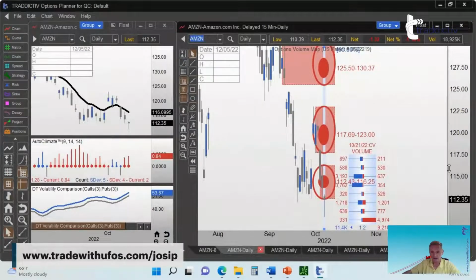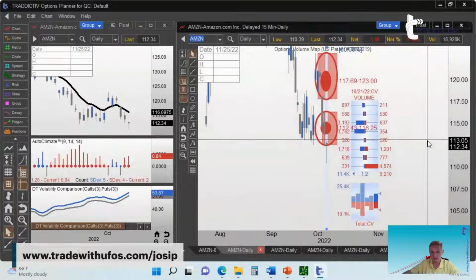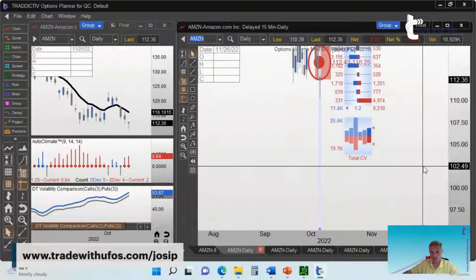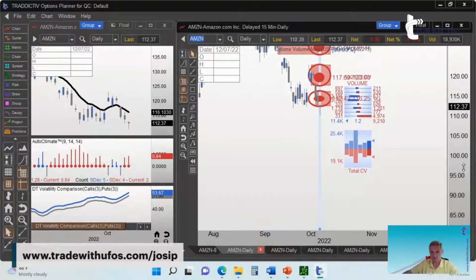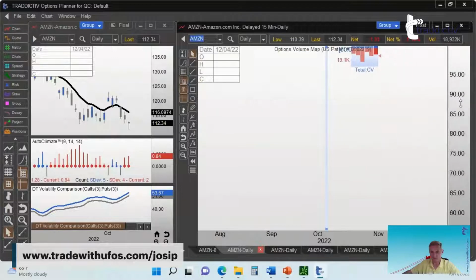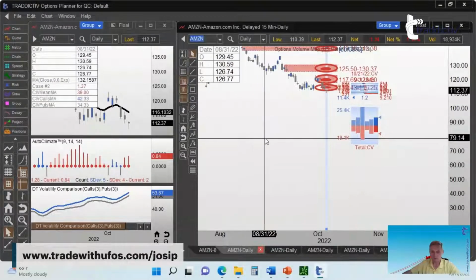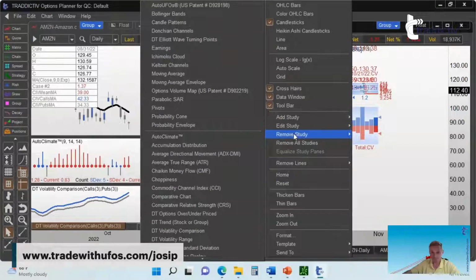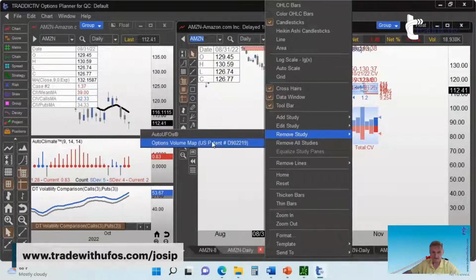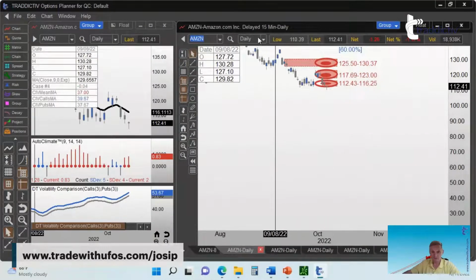and look at it. What is happening down here below? So I would need to squish this to see what is happening. You know what? At this point, I'm going to remove the study that I have here, because I want to look at the weekly.